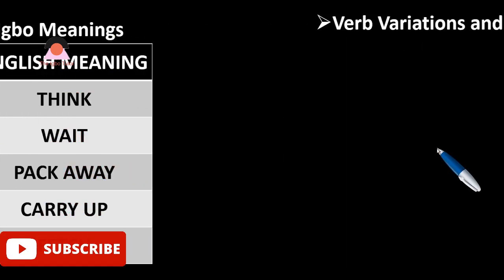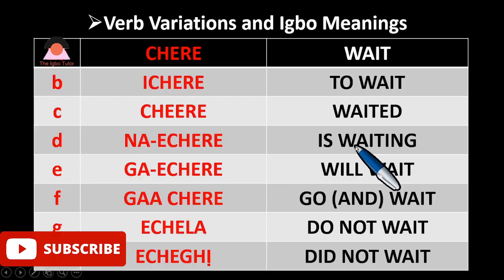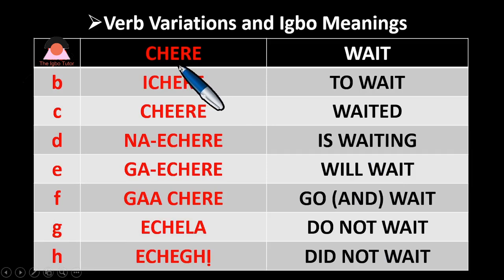Let's look at the breakdown into its various forms. We have Chere here, as you know, which is wait. We now have Chere, to wait. Look at the sound, Chere, high for the vowels. Chere, to wait. Now the past tense of this is Chere, waited. Double E is drawn longer.